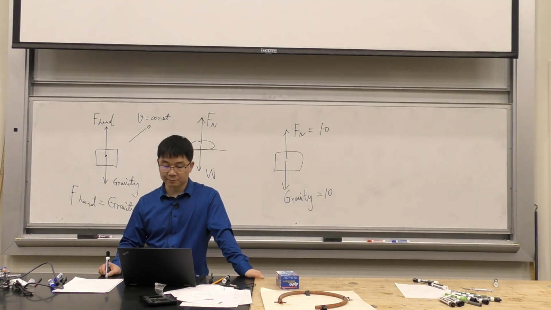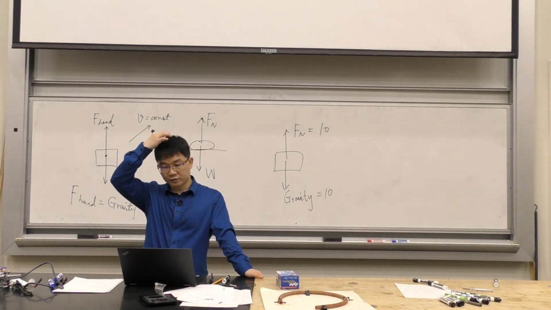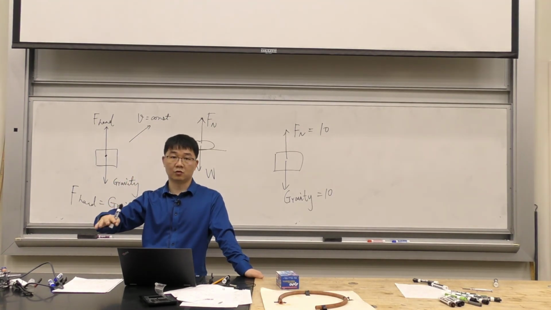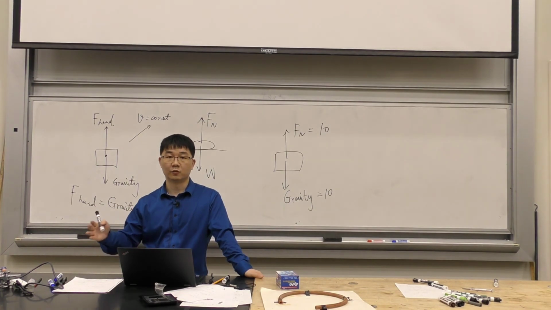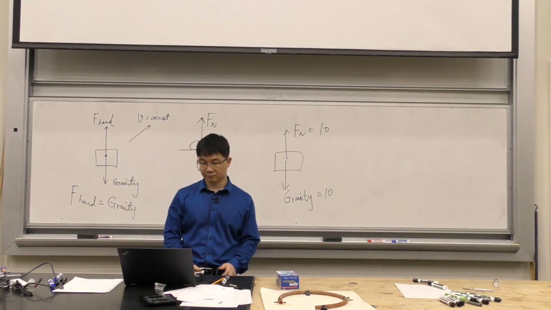That is the reason the book is unable to continue moving at a constant velocity, because the friction stops it. If there's no friction, if the friction is very, very small, almost 0, then the book can continue moving with a constant velocity. Think about the puck in a hockey game, okay?